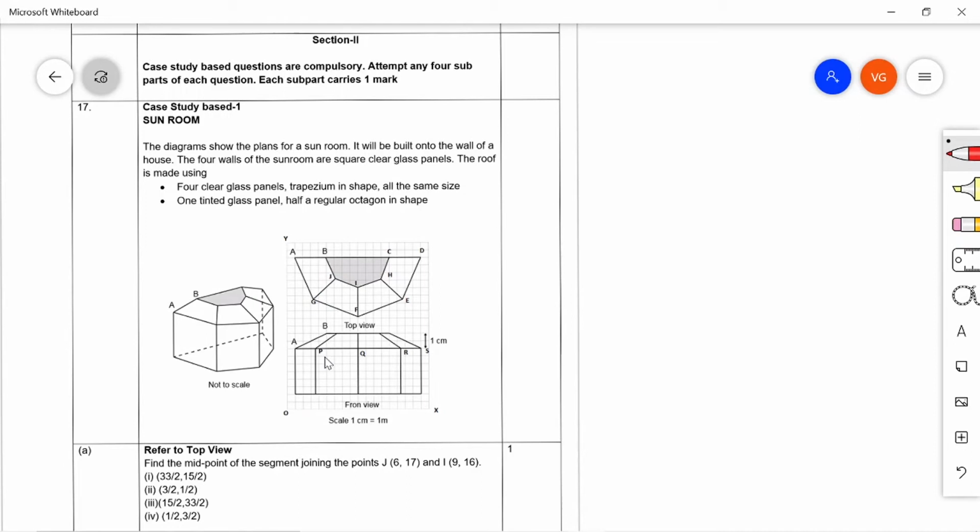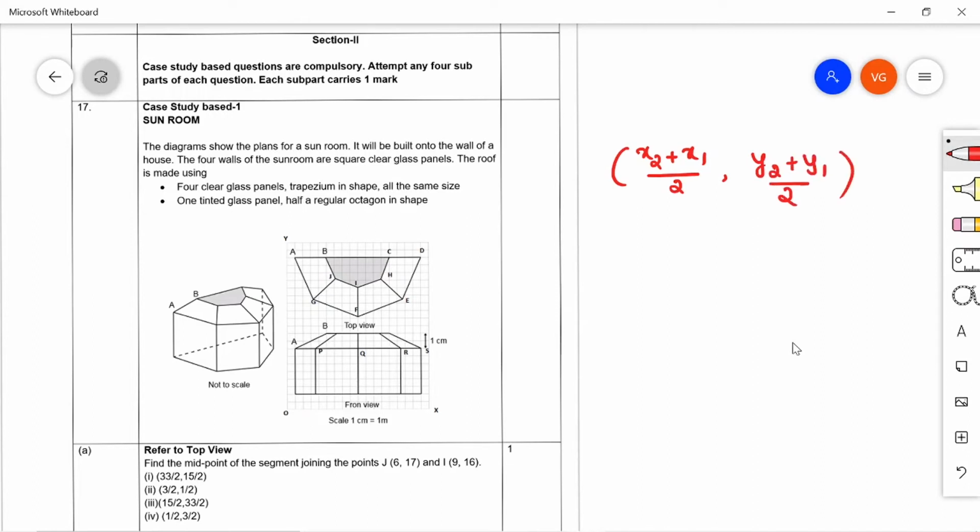See, if you observe carefully, you are given the markings here. This is J here and this is I, and you are given the coordinates. For finding the midpoint of the points J and I, no need to study the case study. Directly you can use the midpoint formula, that is x2 plus x1 divided by 2 comma y2 plus y1 divided by 2.